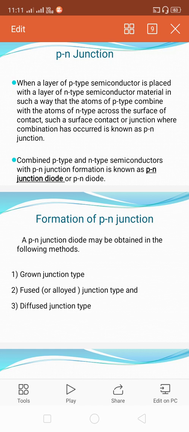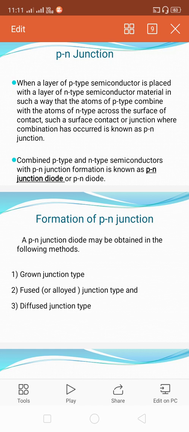First it melts. For example, if you take a P type semiconductor, we melt that substance. To that molten portion, we add fifth group elements as impurities. Already in the P type semiconductor we have third group elements as impurities.